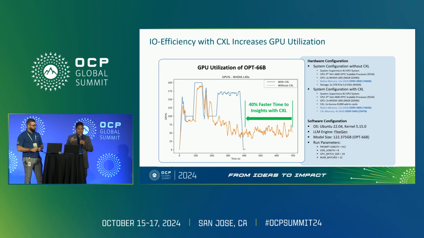And that's actually what you see with CXL. It goes up to about 160%, and then goes up to 200%, and then it finishes at 400 seconds. This is based off of FlexGen, which is an LLM engine, and this FlexGen software is actually a research project from Carnegie Mellon, Berkeley, Stanford, Yandex, and various other R&D researchers.